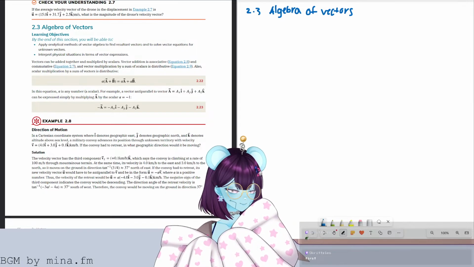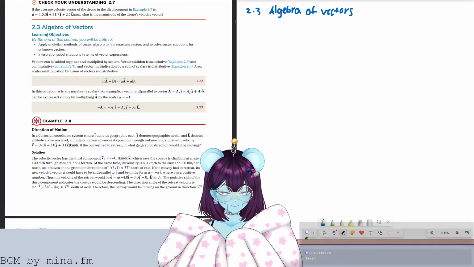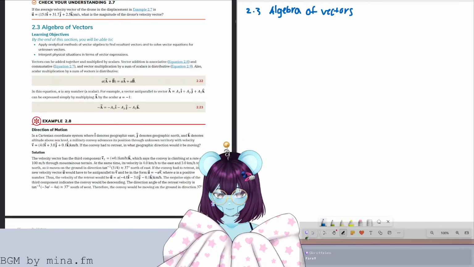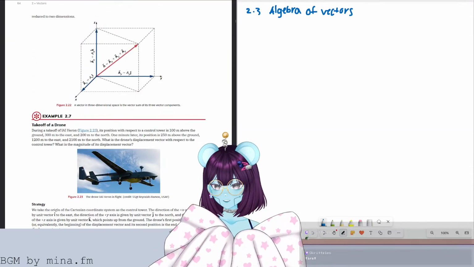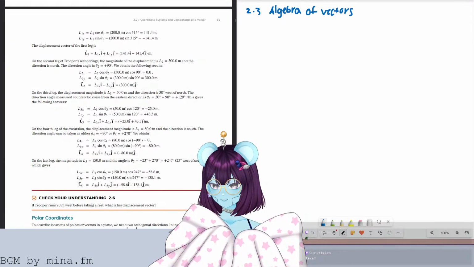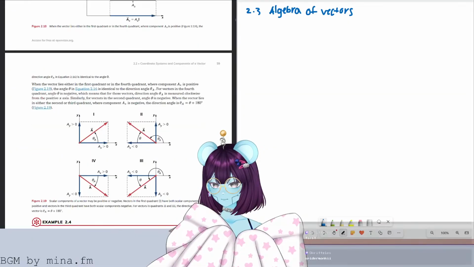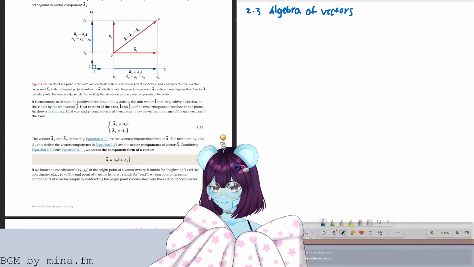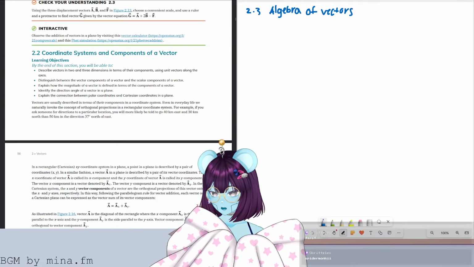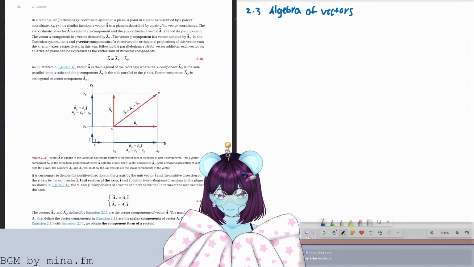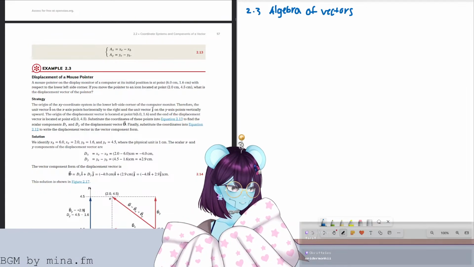First, hello. But yes, we'll be learning the algebra of vectors. So last time we learned I think like the operations of vectors. Our coordinate systems. Oh, right, the coordinate systems. Because we talked about like 2D and 3D.